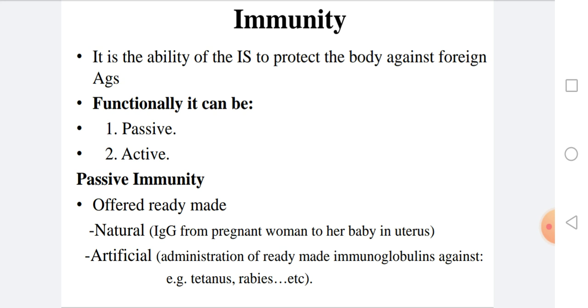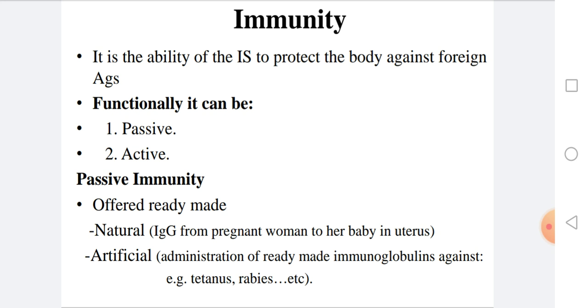The passive immunity can be artificial, man-made, not natural. This occurs when there is administration of ready-made immunoglobulins against different types of infection, maybe against tetanus, rabies, hepatitis B virus infection, and so on.